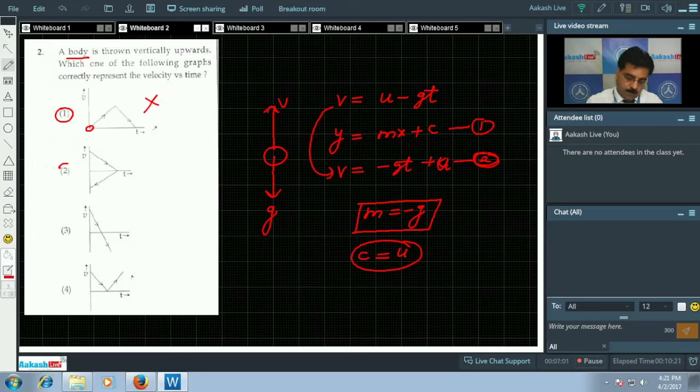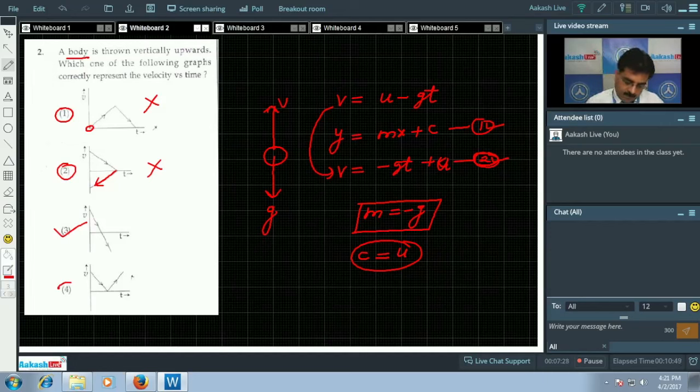If I go for option number 2, here you are seeing that graph number 2 will indicate that time can never flow back. So graph number 2 is not correct. But if I go for equation number 1 and 2, then you are seeing that easily you can say that graph number 3 will be correct.